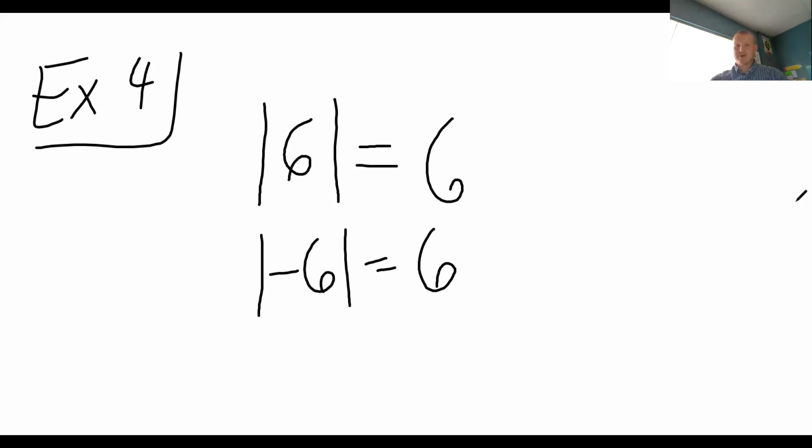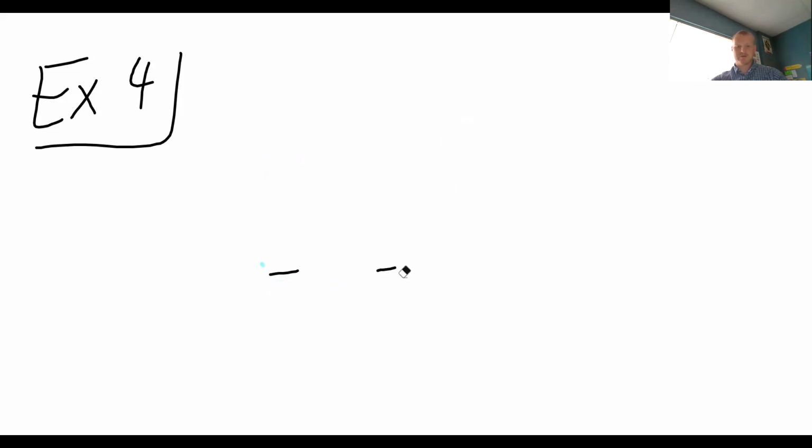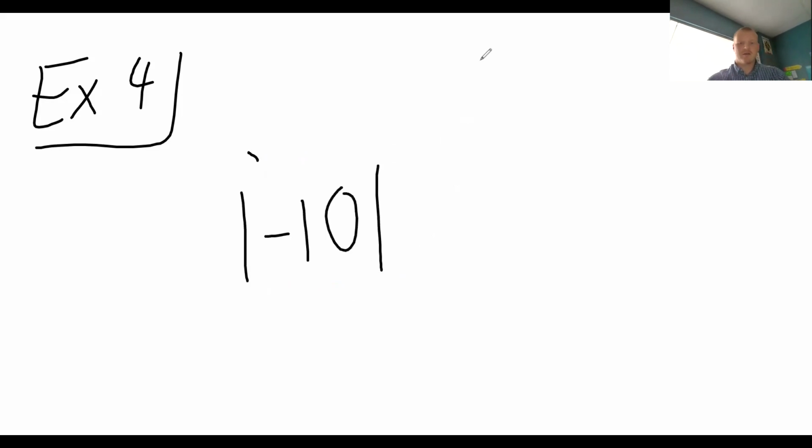So that's all you're doing for absolute value. So if I had a number sentence, whatever you want to call it, let's say I have the absolute value of -10 minus the absolute value of +5.